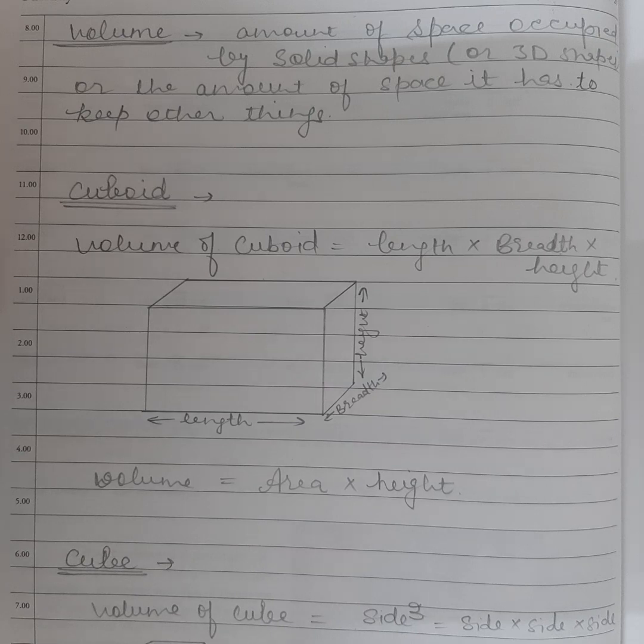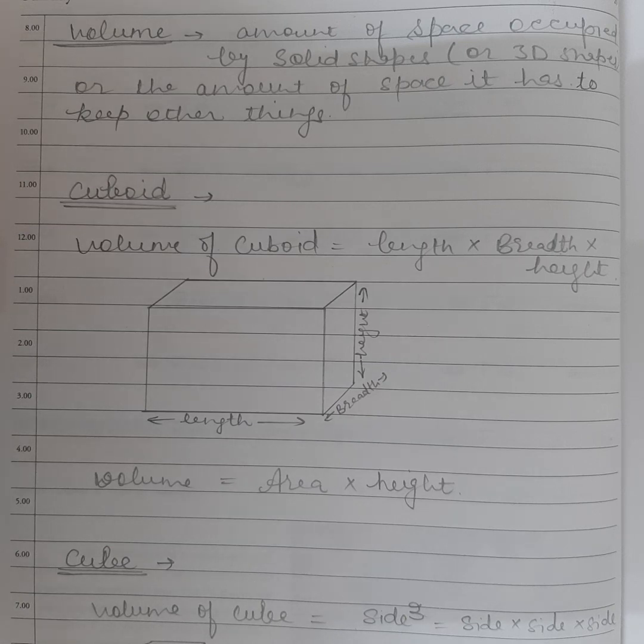So let's see why we need to calculate the volume. So see, you want to transfer or transport your goods from one place to another place, and you'll have to find the space you will need in the truck, and accordingly you can choose the right truck.